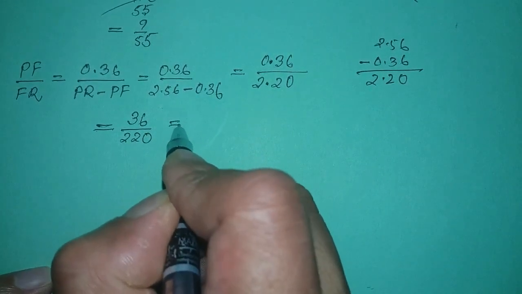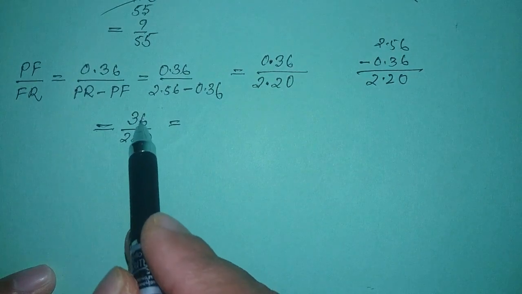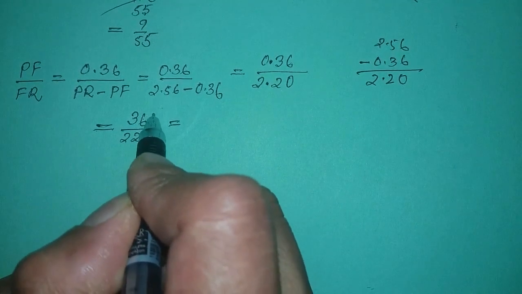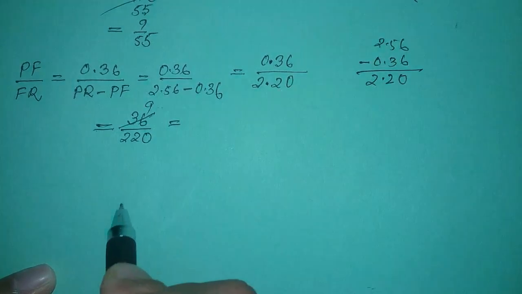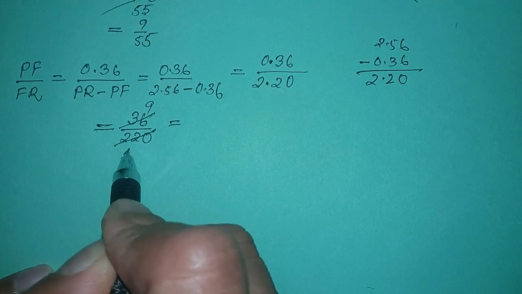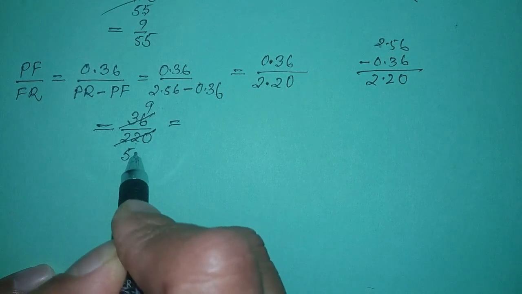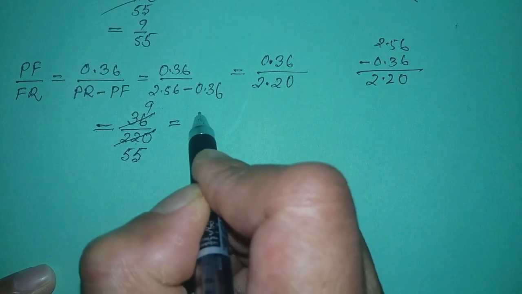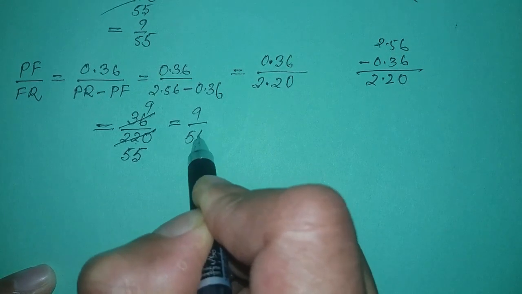Now you can cut this by 4. 4 nines are 36, 4 fives are 20, so we get here 9 by 55.